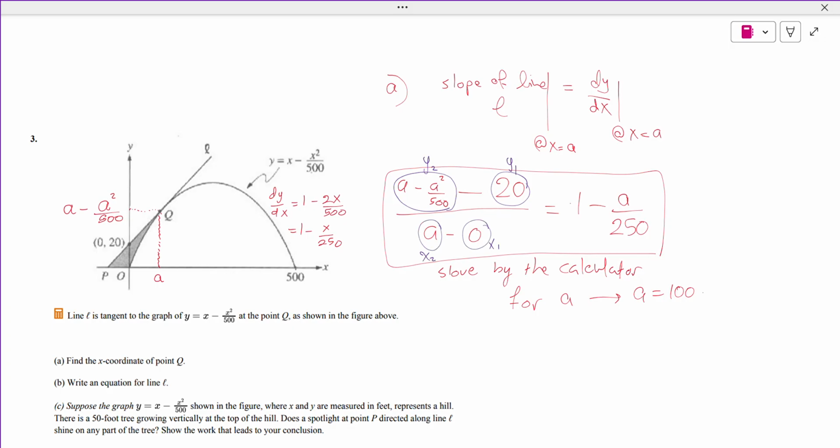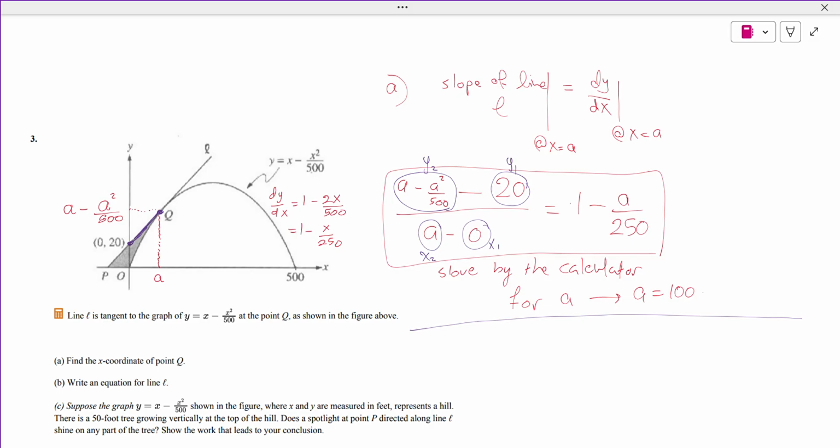This is the slope formula. It looks a bit complicated, but it's the slope formula between this point and this point, because I'm finding the slope of line L, which is the same as dy over dx. So this is part A.